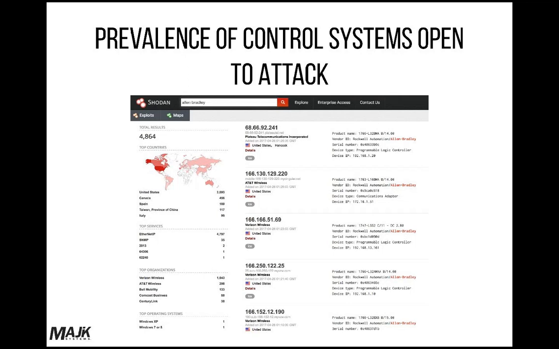So all of those PLCs are potentially open for an attack, depending on whether they have local security set up or not. But that really gives you an idea of how prevalent this is and how little security our industry is really standardizing on at the current time.